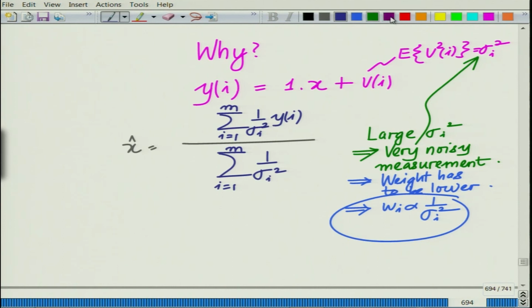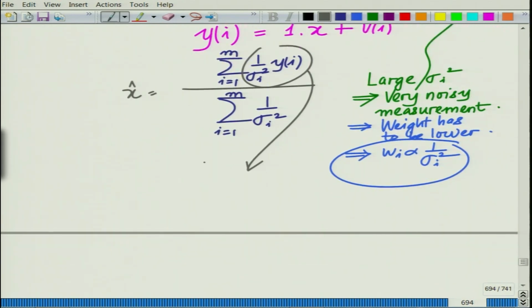So you are weighting by 1 over sigma i square, which means that the noisy measurements have lower weight, that is, larger noise variance implies lower weight, and therefore this is a weighted estimator.